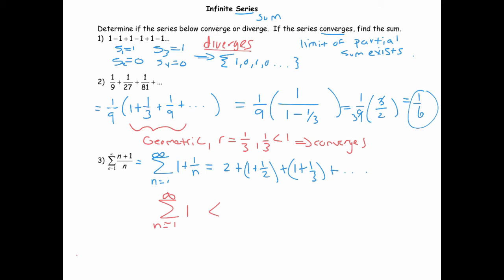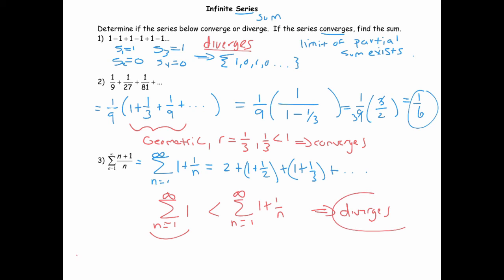It's got to be bigger than the series where we're just adding 1 every time, right? Because every term has a 1 in it, and we're adding a positive number. But this clearly diverges, right? Because the first partial sum is 1, the second partial sum is 1 plus 1, which is 2. The nth partial sum would be n. And clearly that goes to infinity. So we can see that this diverges.